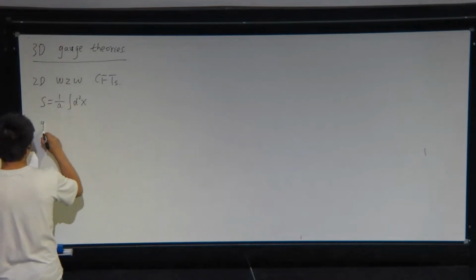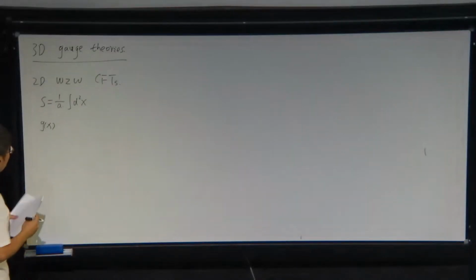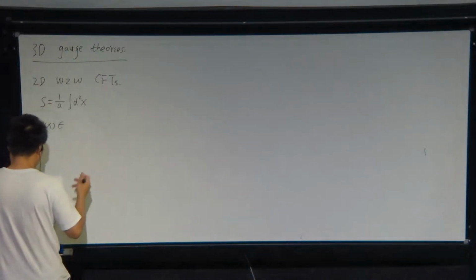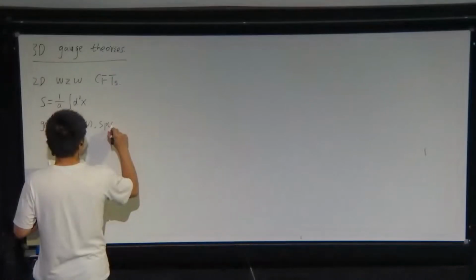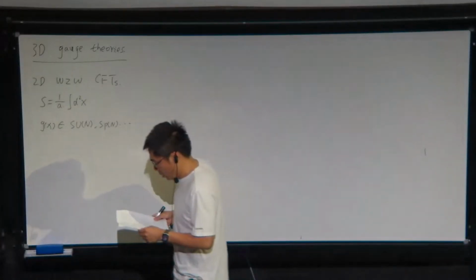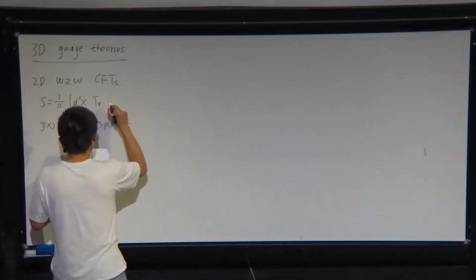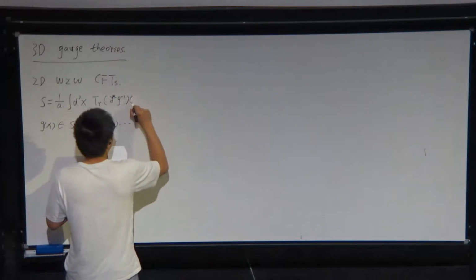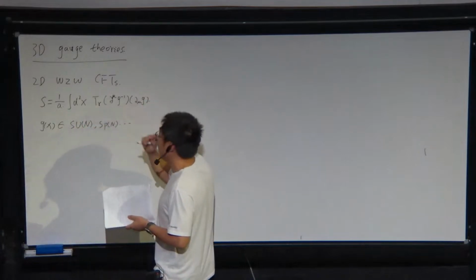I have some matrix field that I call g, and the matrix field lives on some manifold, which for the simplest Wess-Zumino-Witten models will be just some Lie group, like SU(N), Sp(N), and so on. With this matrix field, we can write down its kinetic term. That's the kinetic term for the nonlinear sigma model.